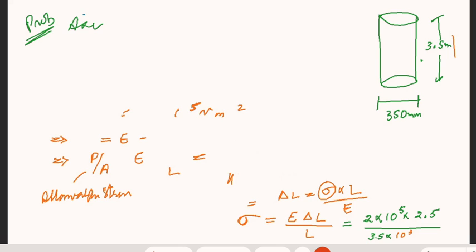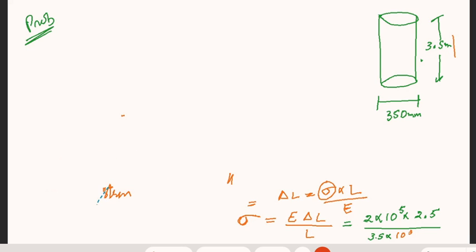Okay, good. So here we have calculated how much stress is actually coming on this hollow cylindrical column. The stresses are 142.86 Newton per mm square.